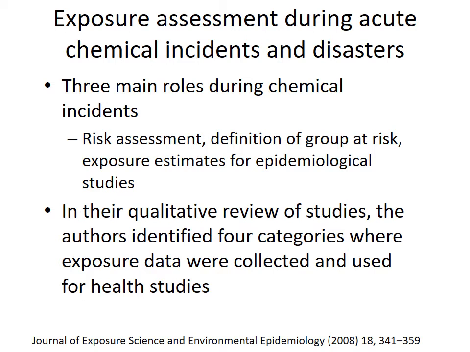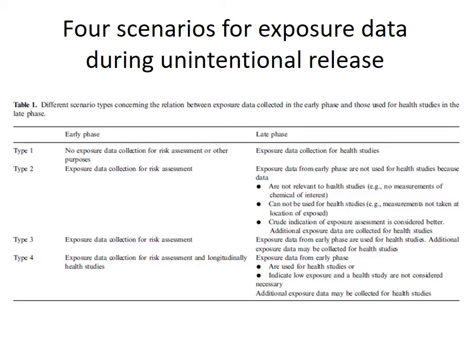Authors reviewed the type of common exposure assessment that occurs during these acute disasters, and they found that there are 4 categories where exposure data were being collected and used. These 4 scenarios include both early phase collection, of course, right after the disaster, and then late phase collection.